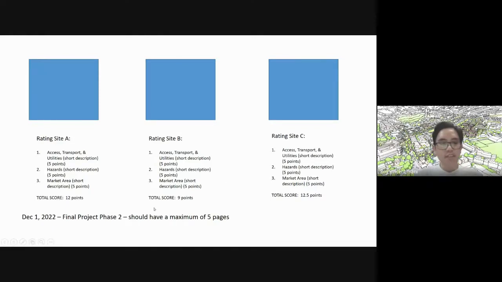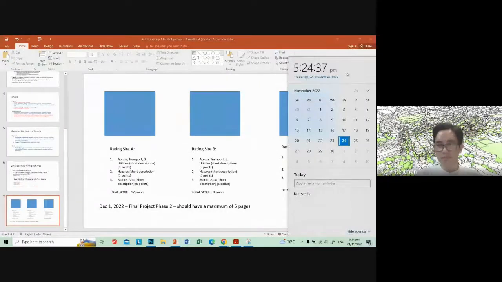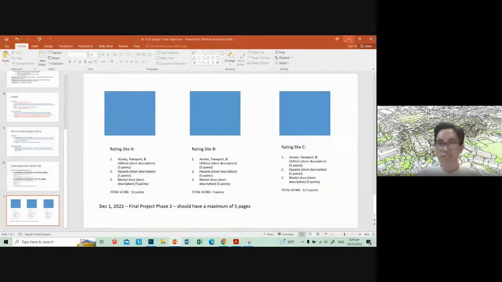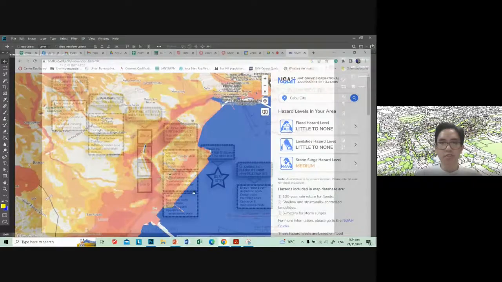Okay, so with that, this is a sample output for your December 1 submission. Each of you will probably have a page like this. You can have more than 1 page, but please keep everything under 5 pages, because on December 1, next Thursday, you will just present your findings.